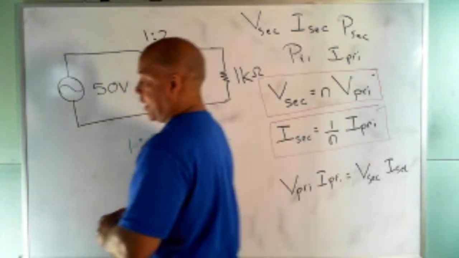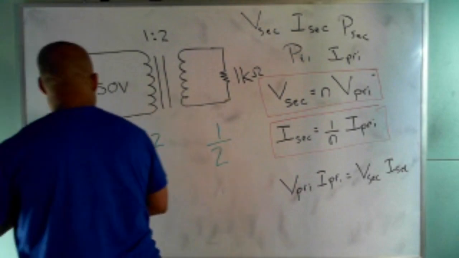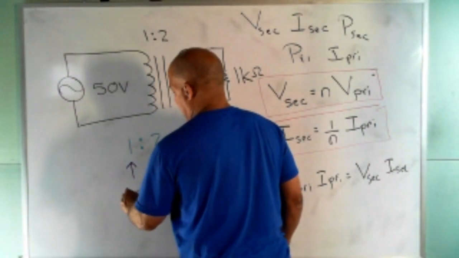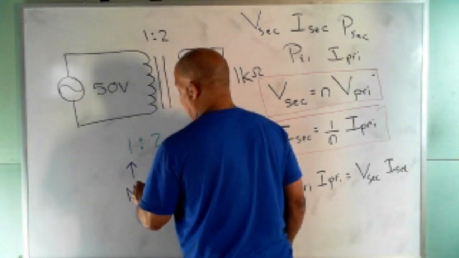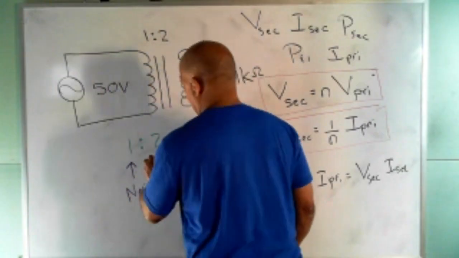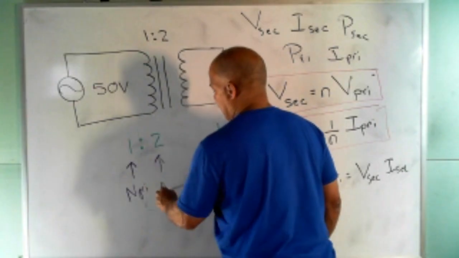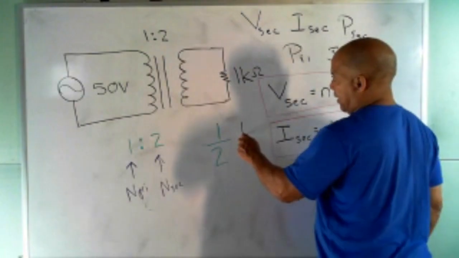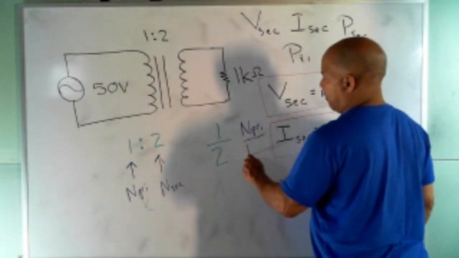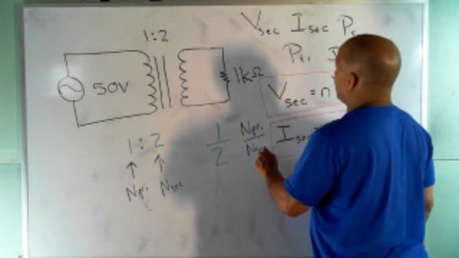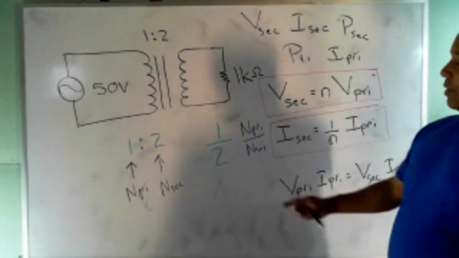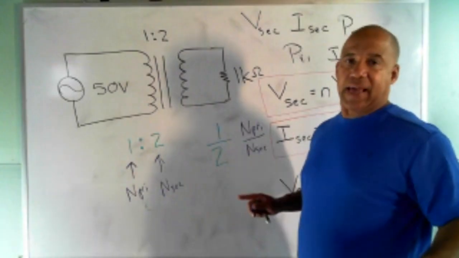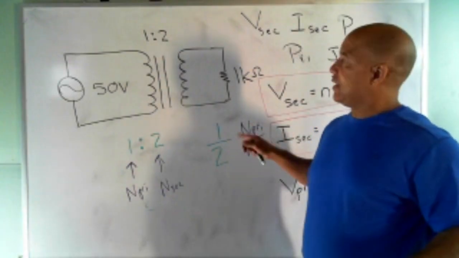But see, that 1 right there is in pi. The 1's on that side, and that 2 is in sec. So if you do it like that, then you'd have n pi over n sec, which is not what we want. So in math, even though this means 1/2, don't think about it like that in engineering.